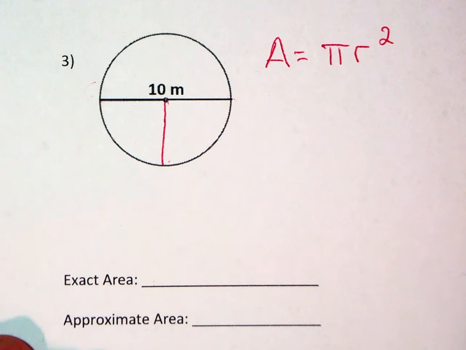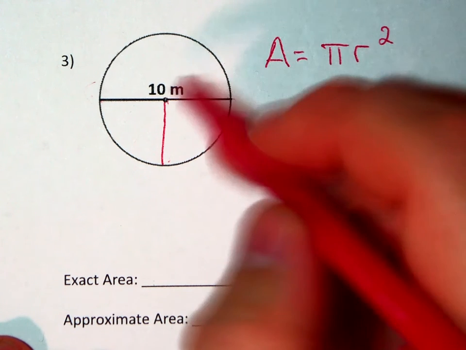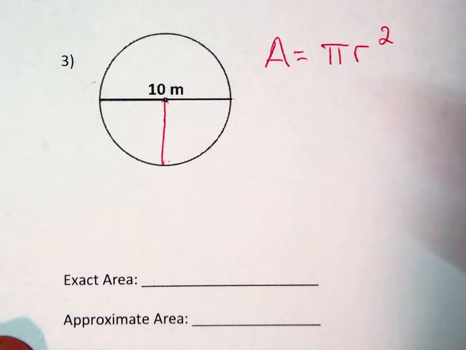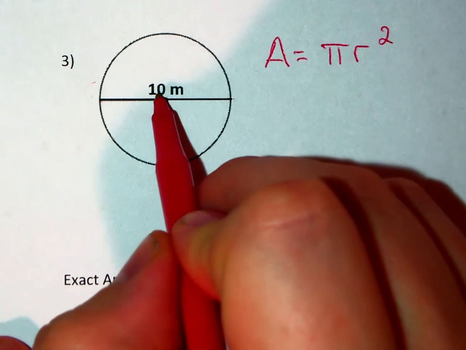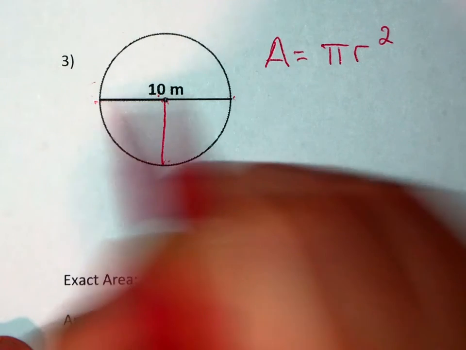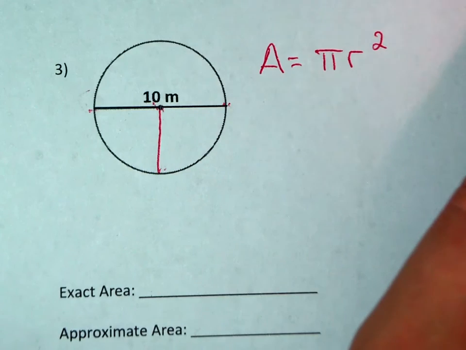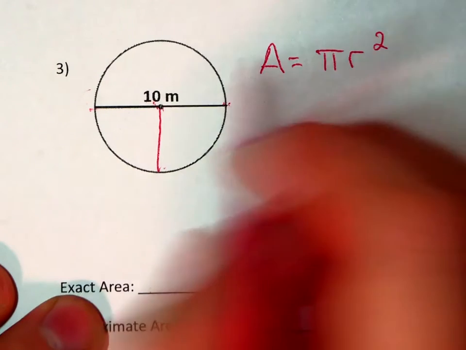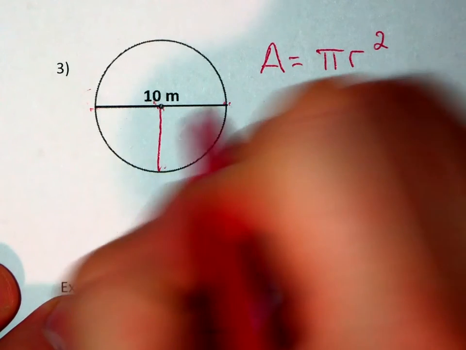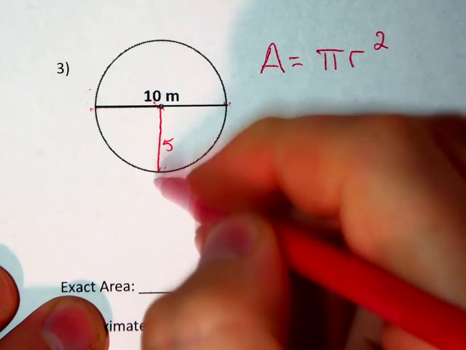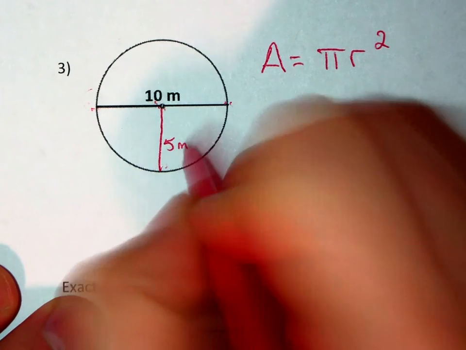I don't want to know the entire line across the circle. I want to know what half the line across the circle is. So I divide my diameter of the entire line across the circle by 2. 10 divided by 2 is 5. So my radius here is 5 meters.